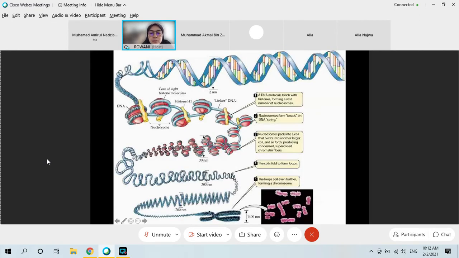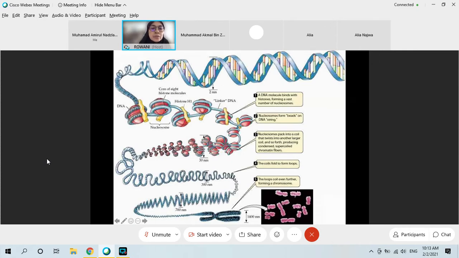Actually, one chromosome is formed by a deoxyribonucleic acid chain, which is present as a double helix coil, and this structure is coiled and looped multiple times.